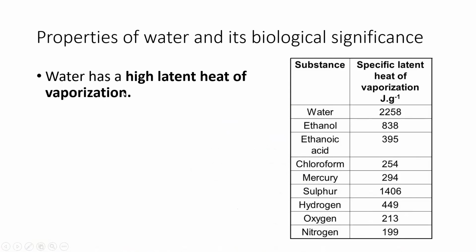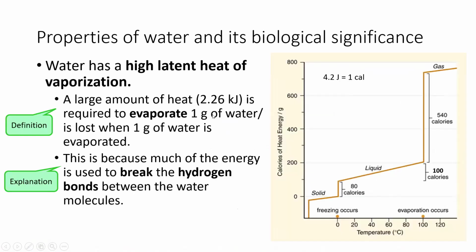Water also has a high latent heat of vaporization. So here again we can compare the latent heat of vaporization of water to the other substances. The definition is that a large amount of heat is required to evaporate, again, 1 gram of water.